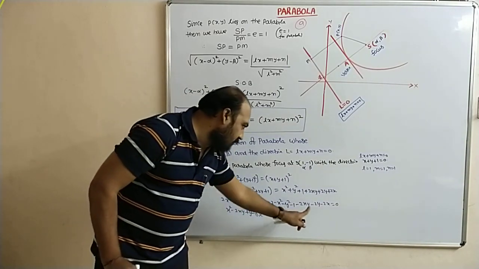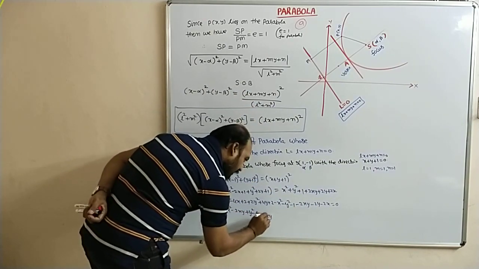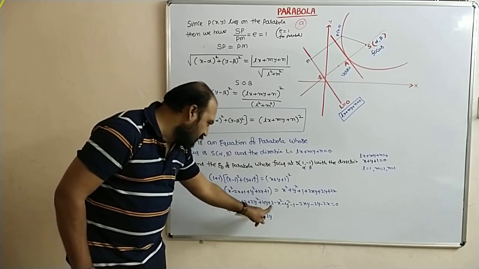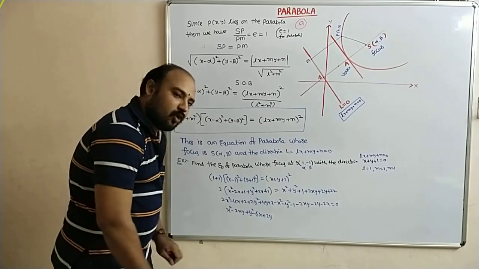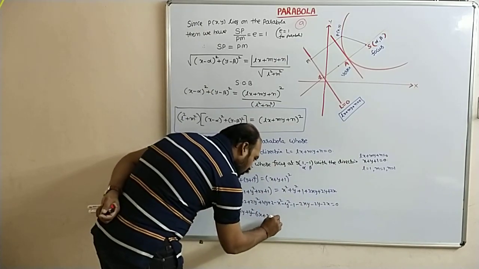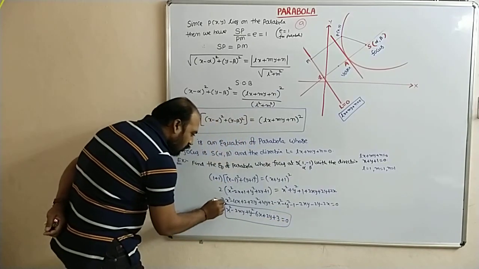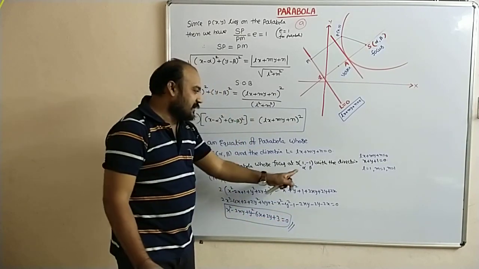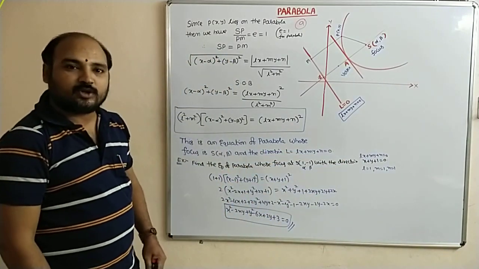Then plus 4y minus 2y plus 2y. Next constants: 2 plus 2 is 4, 4 minus 1 is 3, which is the required equation of the parabola whose focus is at 1, minus 1 and the directrix x plus y plus 1 equal to 0.